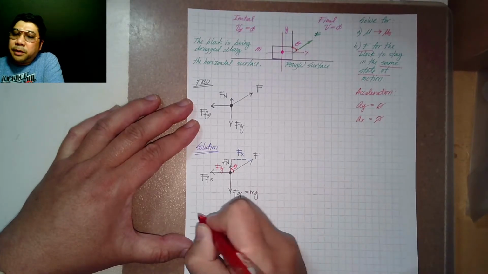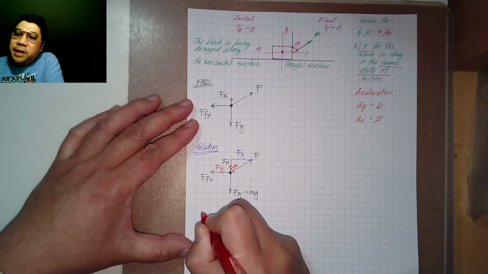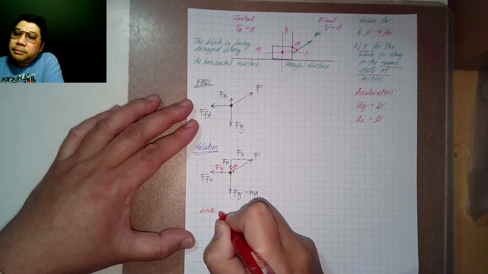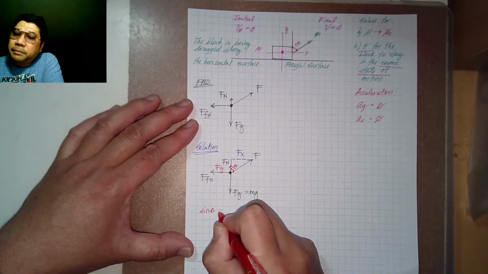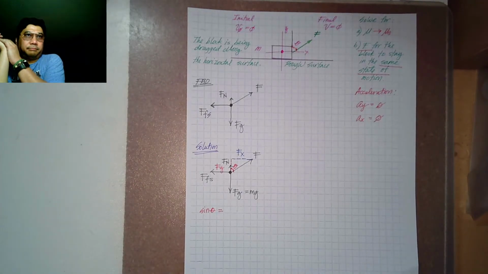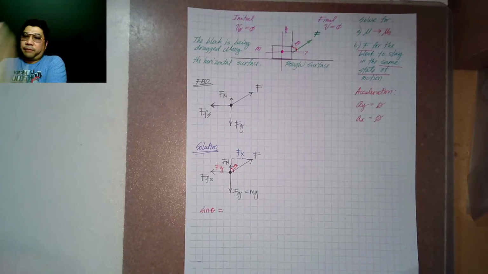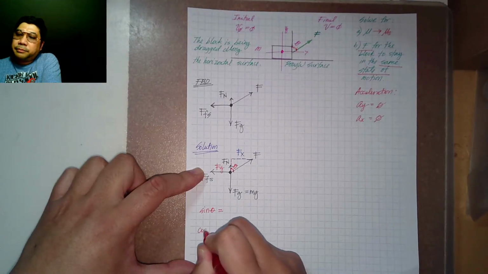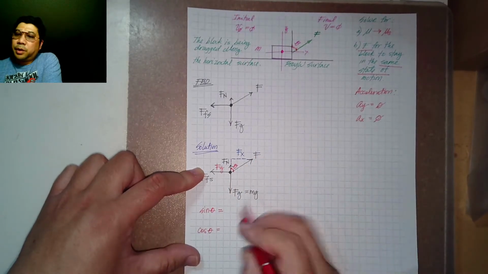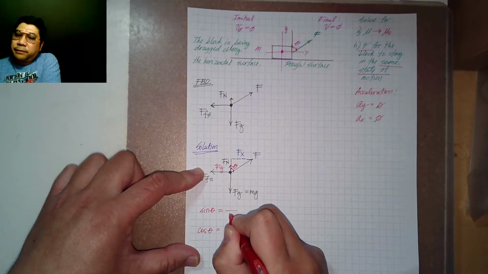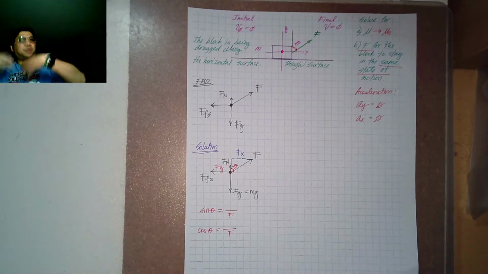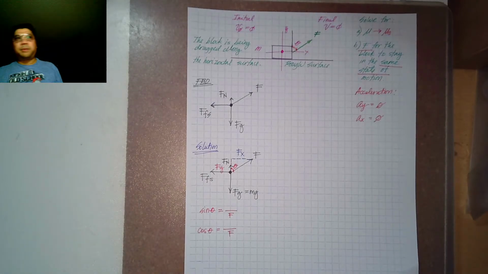Let's say I have sine theta, and I have cosine theta, and from this illustration, your hypotenuse is your F, so we should divide by F. Which one should be our numerator?